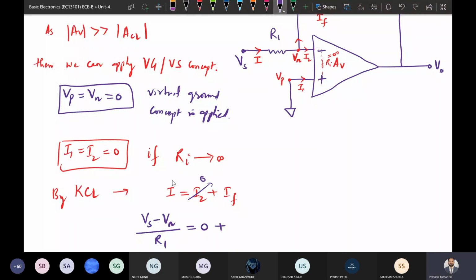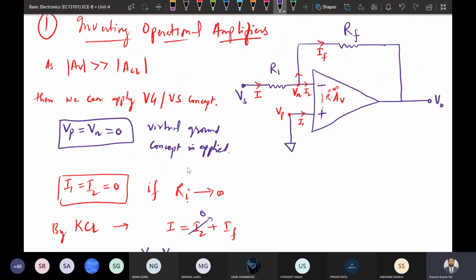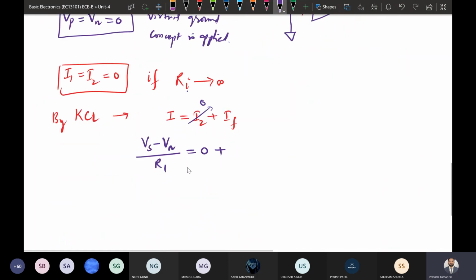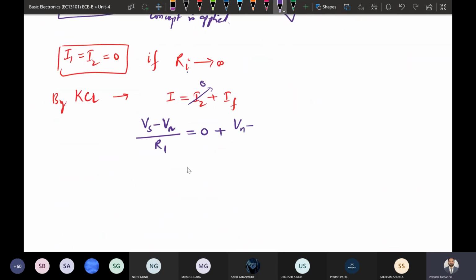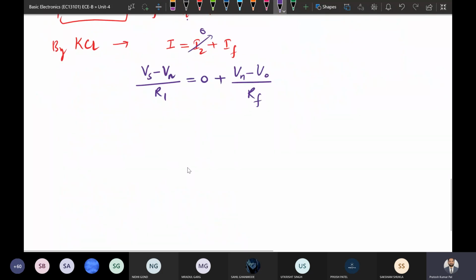Similarly we can find the IF current. Here current is flowing from Vn to V out. That means Vn is at high voltage and V out is at low voltage. So from Vn to V naught, Vn minus V naught divided by RF will be the IF current. Okay, so we can analyze from there, and we know Vn is also equal to 0.